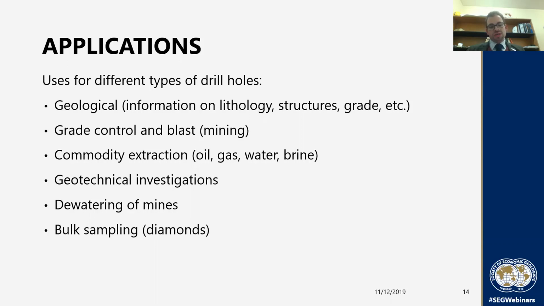However, drilling can also serve to deliver information on grade control at mine sites and or blasting holes during the actual mining stage. You can drill holes to extract a certain commodity. That's, for example, oil, gas, water, or brines. But usually in hard rock mining, we are less concerned with this type of drilling.